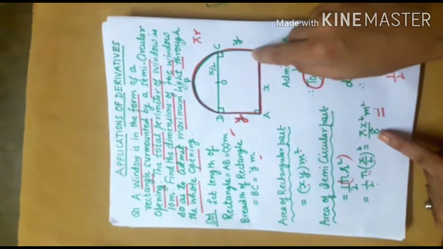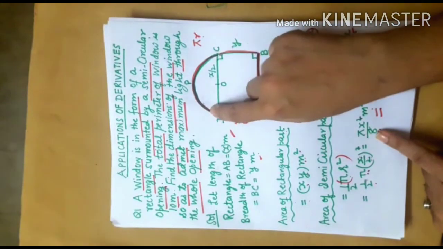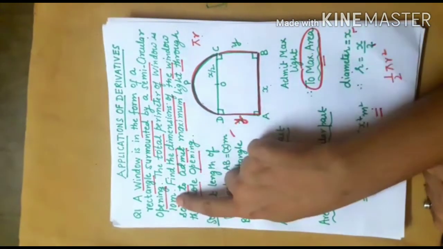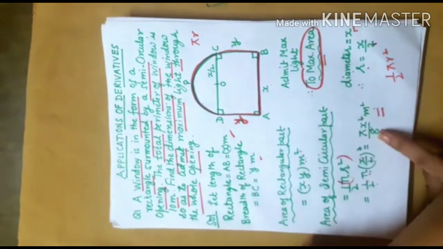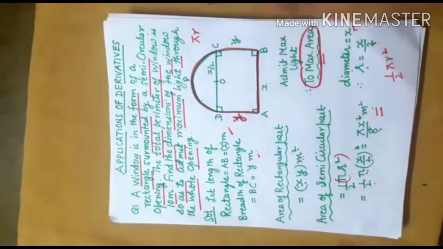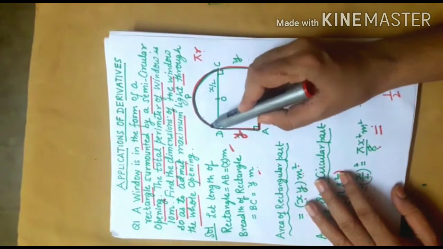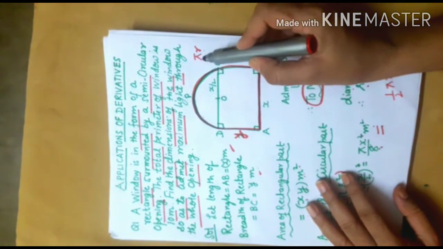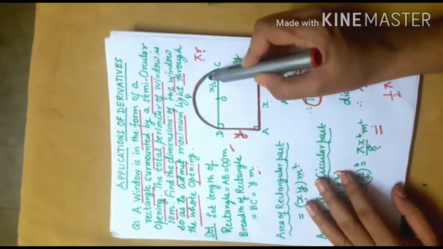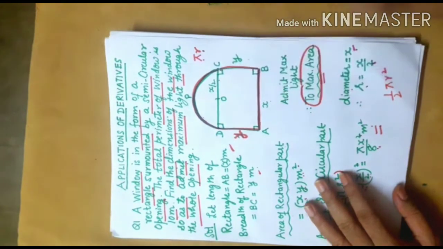So this plus this plus this plus this is equal to 10 meter. This is a semicircle, so its length will be given by pi r, where r is x over 2.